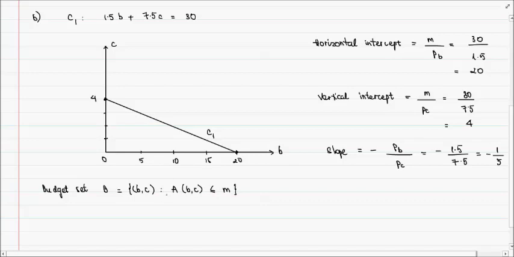Any bundle that satisfies this is going to be in the budget set. In terms of the diagram, it's going to be anything below the budget constraint line, so anything inside here. Anything highlighted in yellow is your budget set.